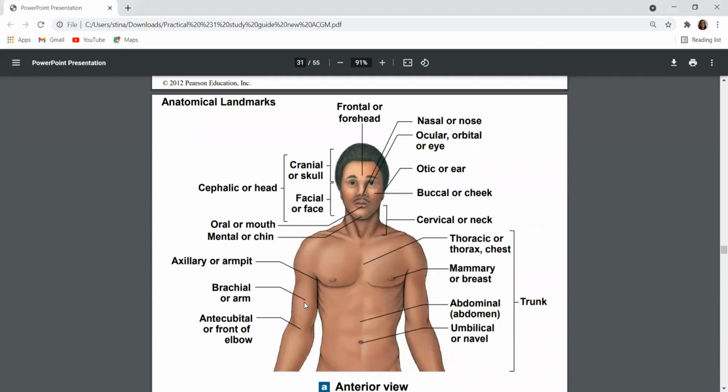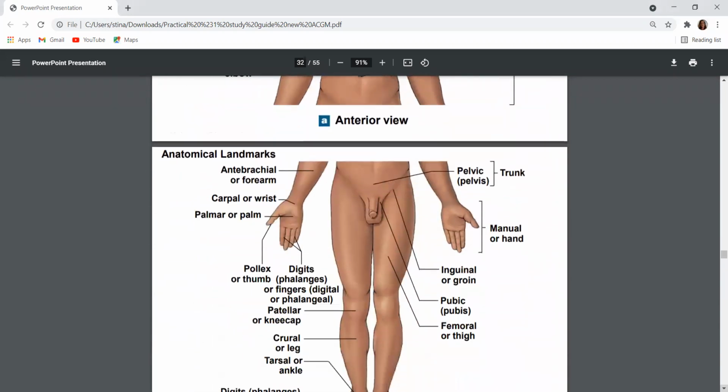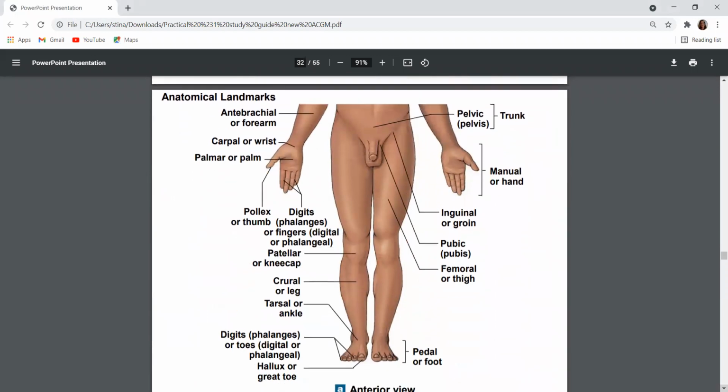Okay, now going down the arm on the left-hand side of this picture, the armpit is called the axillary. The top of the arm is called the brachial. The inside of the elbow is called the antecubital. Now let's move on to the next picture. So now we're going down the body.